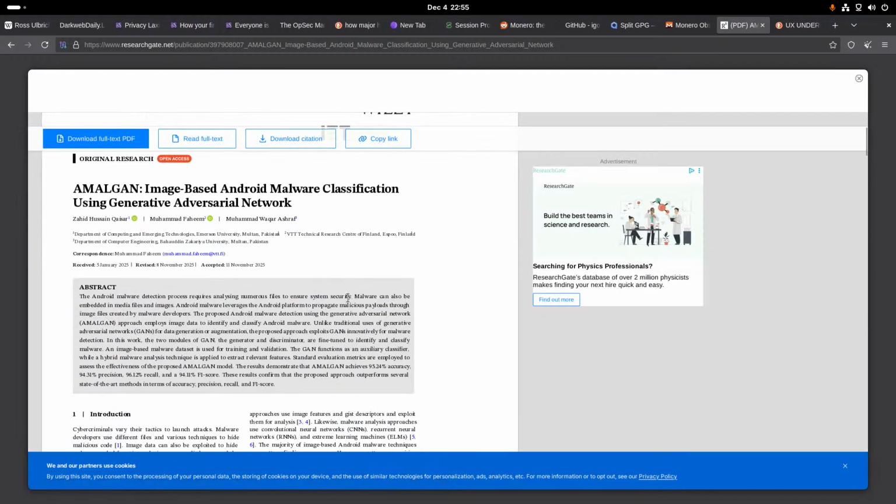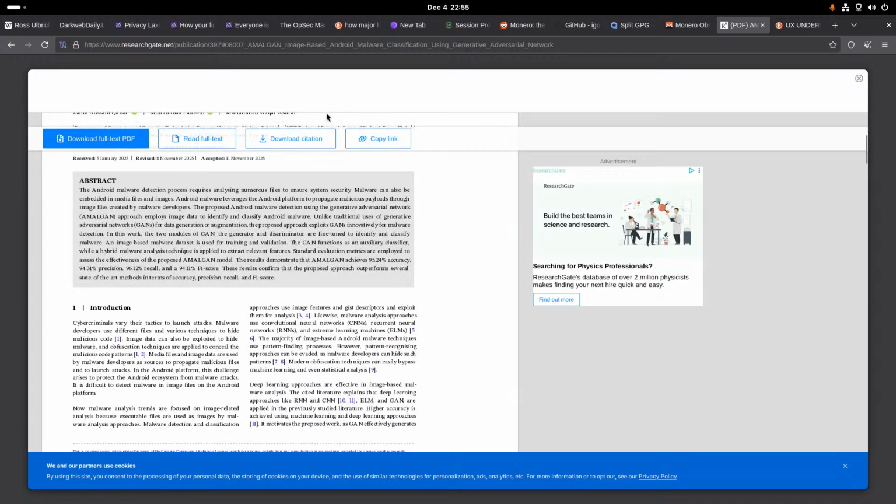An Android malware detection process requires analyzing numerous files to ensure system security. Malware can also be embedded into media files and images. Android malware leverages the Android platform to propagate malicious payloads through image files created by malware developers. The proposed Android malware detection using a generative adversarial network approach employs image data to identify and classify Android malware. Unlike traditional uses of generative models, in this work the two models of the GAN, the generator and discriminator, are fine-tuned to identify and classify malware.